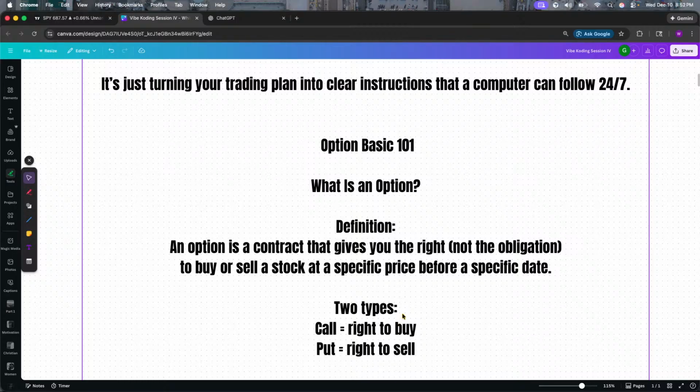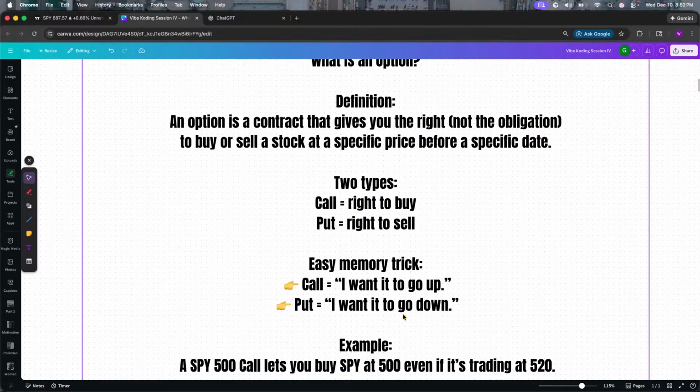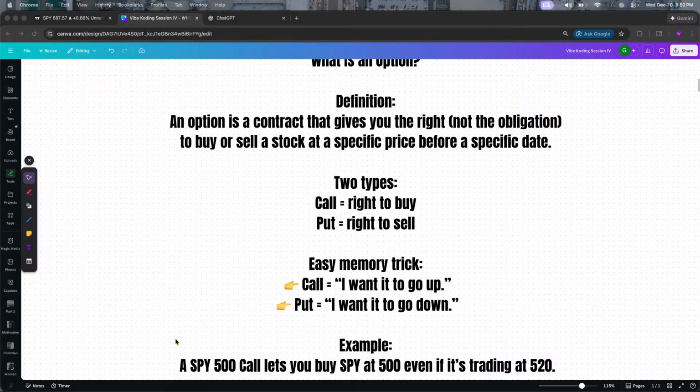Now, when you buy a call or when you buy a put, you're looking for one of two things. So here's an easy memory trick that I use whenever I'm buying call or put options. When we buy a call, we want the market to go up, so we're bullish on the market.